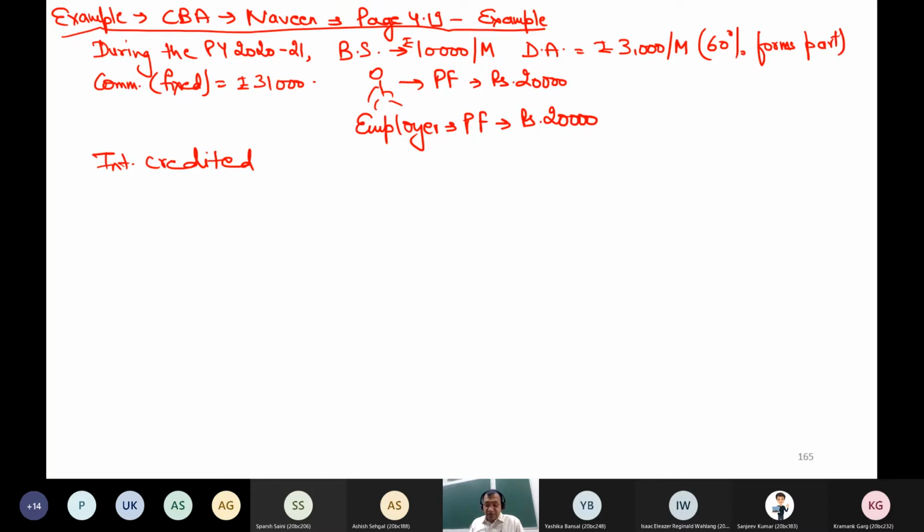So interest credited in the provident fund on Feb 7, 2021 is rupees 57,645 at the rate of 14% per annum.